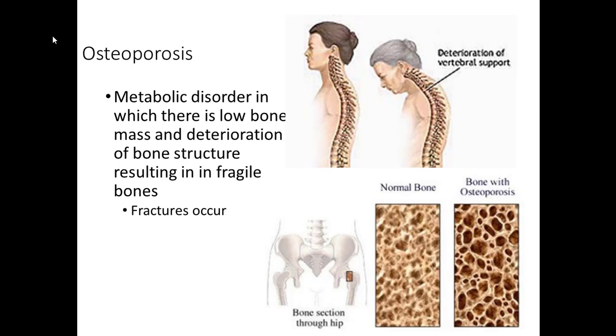There is a genetic component, an environmental and lifestyle component. Thin postmenopausal women are more common to have osteoporosis than anyone else.